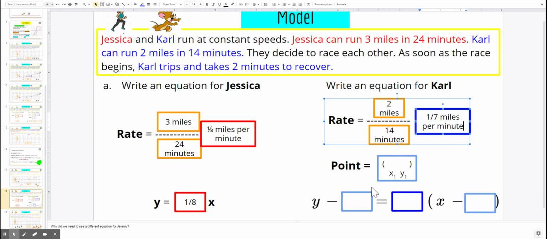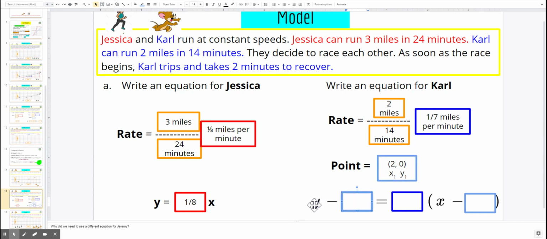Well, I noticed my second equation is a little different. We need a point to represent that Carl took 2 minutes to recover. He started 2 minutes after, or at (2, 0). Now I'm going to fill out my equation, and this time I'm writing it in point-slope form because I have both a point and a slope.